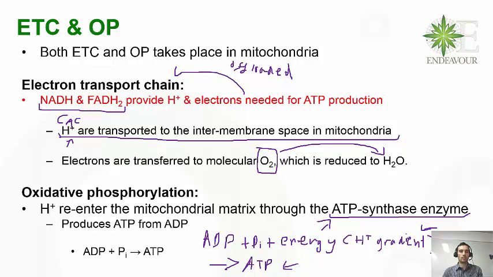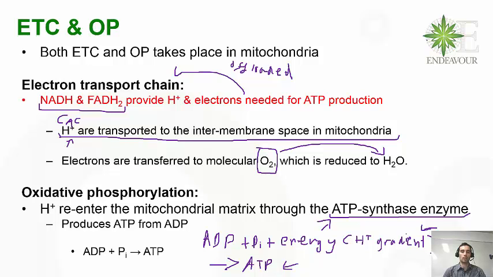So what is it that the electron-rich coenzymes NADH and FADH2 are actually providing for the electron transport chain? They're providing the electrons for the electron transport chain and also H+, but the H+ aren't as important.